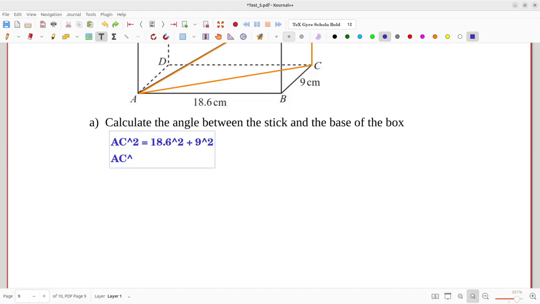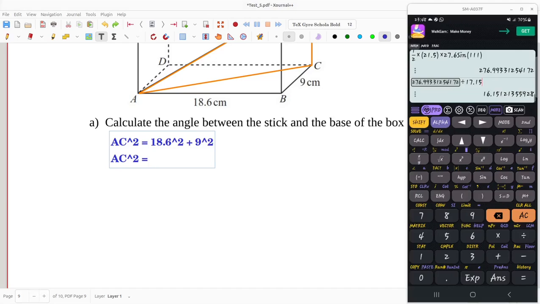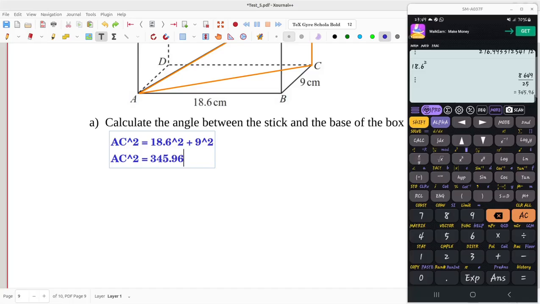Let's bring in our calculator here. 18.6 squared is giving me 345.96, plus 9 squared.